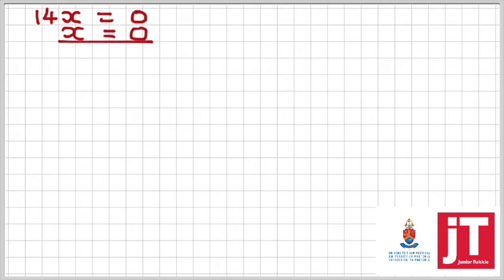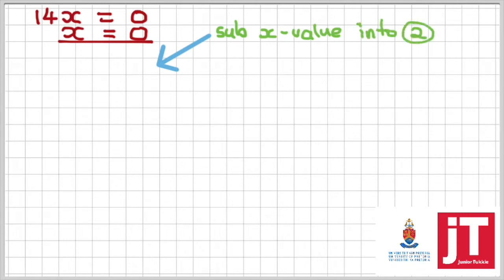I'm going to substitute again the calculated value for x into the second equation. So if I do it, I'm going to get y is equal to 4 minus 2 times 0. Therefore, my y value is equal to 4. So I've solved my equations simultaneously using the substitution method.